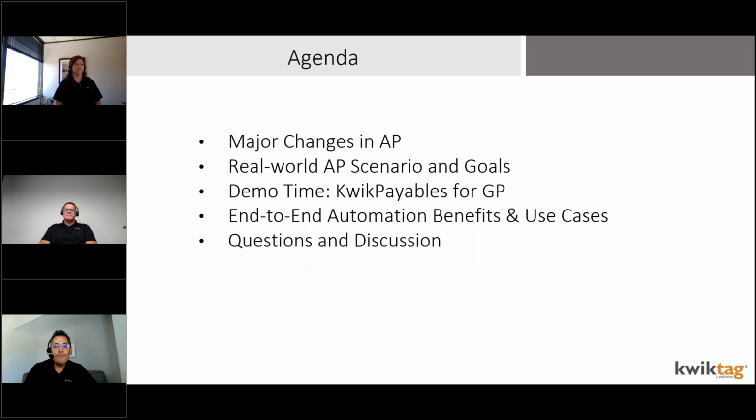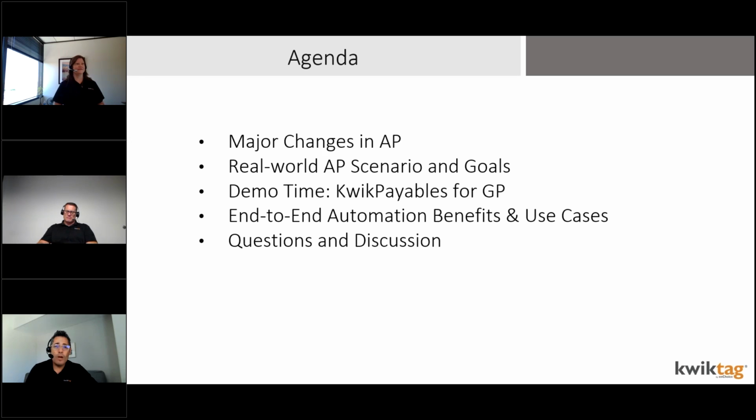As far as what we'll be covering today, Mary's going to talk us through the major changes in AP. Obviously, the landscape has changed dramatically in the work environment as well, and you'll see how QuickTag can address that. We have a couple great real world scenarios to share with you, one at the beginning and then one closer to the end, to talk about how we were able to help one of our favorite customers.